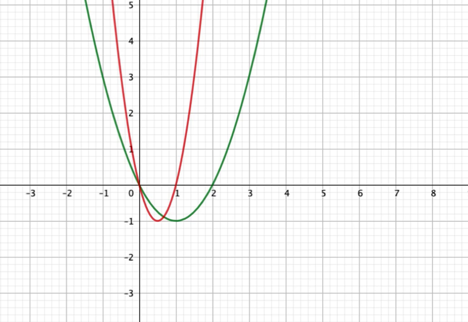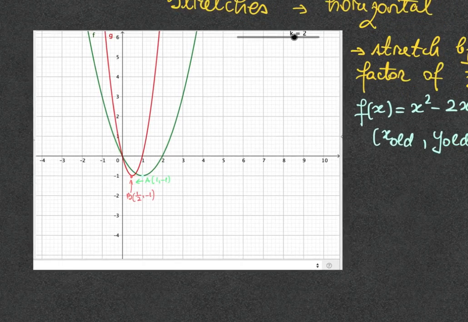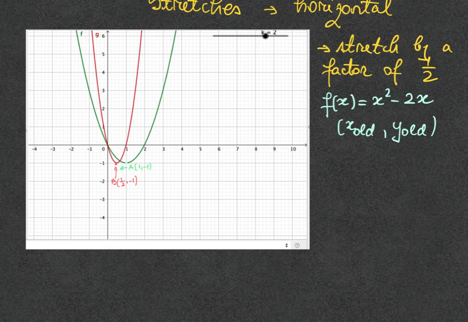So if we look at this point here, A, which has coordinates 1, -1, it is compressed into the point here, B, which has coordinates 1/2, -1. So as you can see, x new is 1/2 times x old, but y new stays the same as y old.